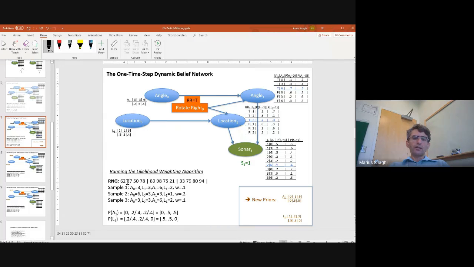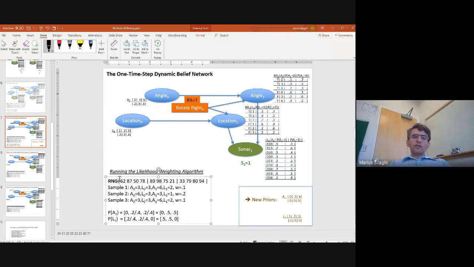So the way we are running it, you are familiar with the likelihood weighting algorithm. Here I ran a sequence of random number generators, and I got these random numbers, 62, 87, and so on. And I started to sample from this Bayesian network. I told you you have to implement likelihood weighting, and this is what it does.